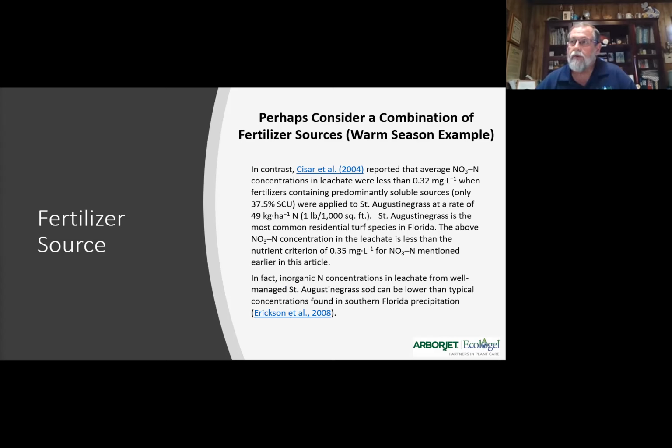As a matter of fact, he was finding the leachate was less than what they were finding in typical rainfall coming down on Florida. So again, the use of the kind of fertilizer and techniques will depend on the kind of grass you're growing. So again, stepping back to what your universities are researching and what they're suggesting, it is important to follow those suggestions.